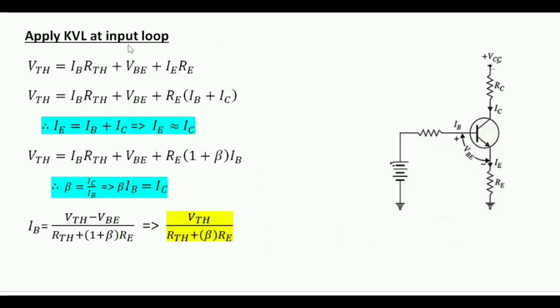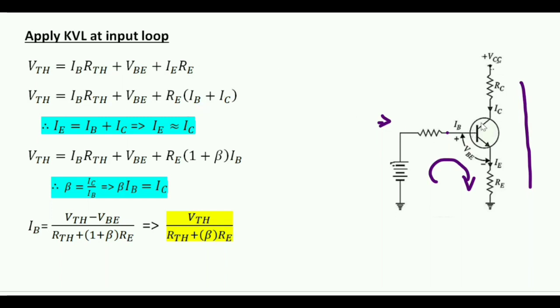So let us now, to know more about the circuit, we have seen that earlier this is the input loop, that is this is the base, and we can apply input at this side, and this is the output loop.